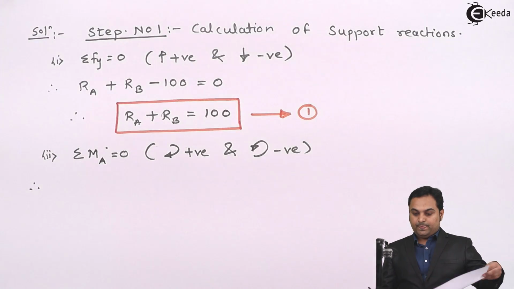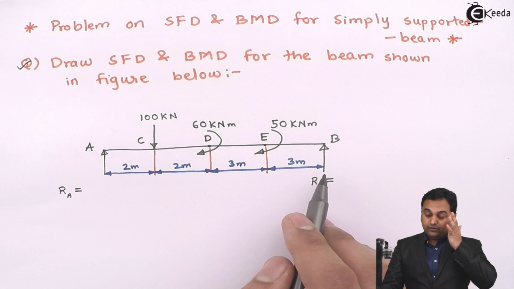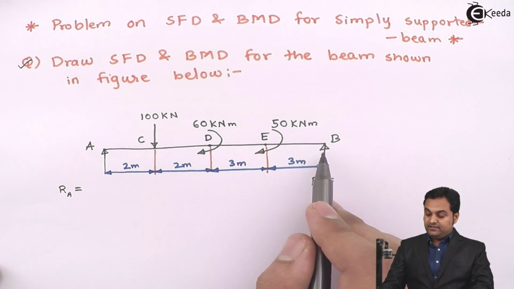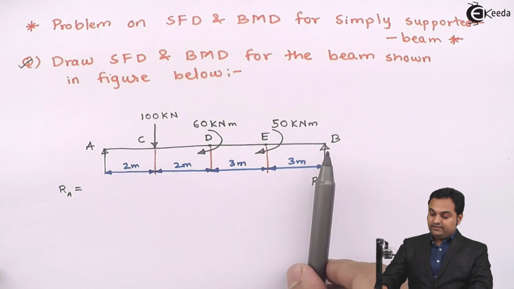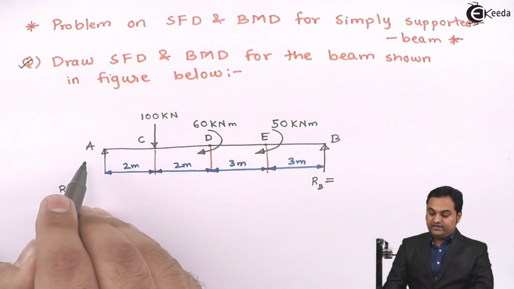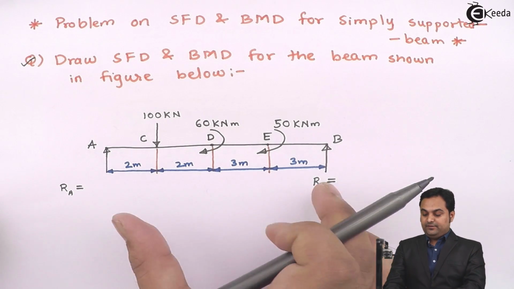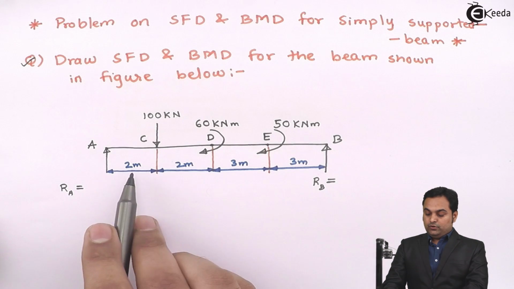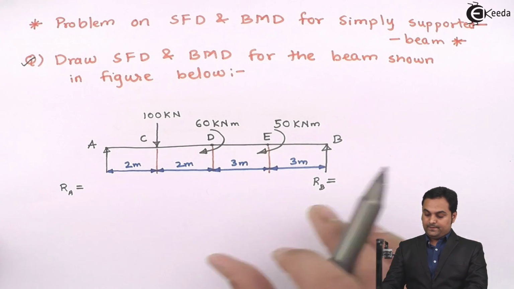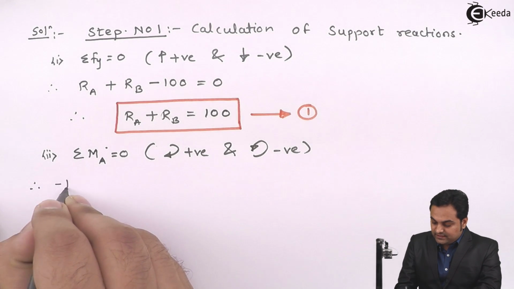So therefore, if I am taking the moment at A, I'll get the value of RB. If I see here, RB is acting upward, so when I take the moment at point A, it comes in anti-clockwise direction. So anti-clockwise moment is treated as negative. So minus RB into this total distance, which is 10.